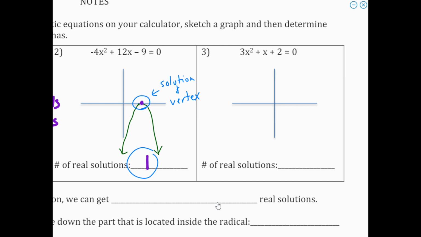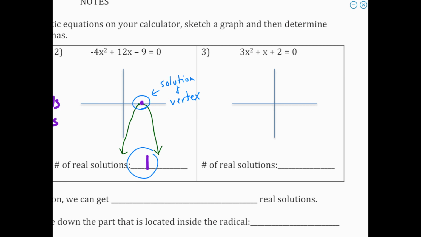So now graph this third one on your graph. I'm going to let you guys do that one. See how you do. See if you can tell me what it looks like when you're done. It's a U, but it's on the y-axis as well.